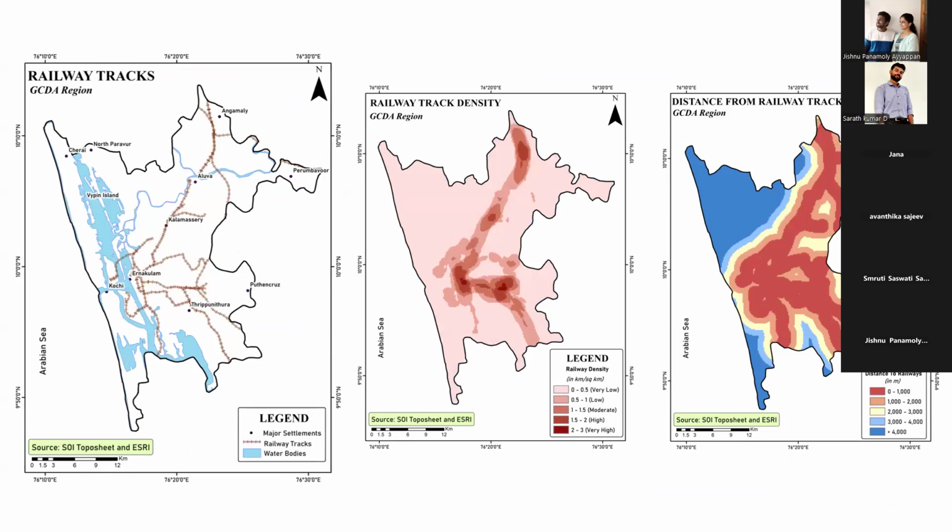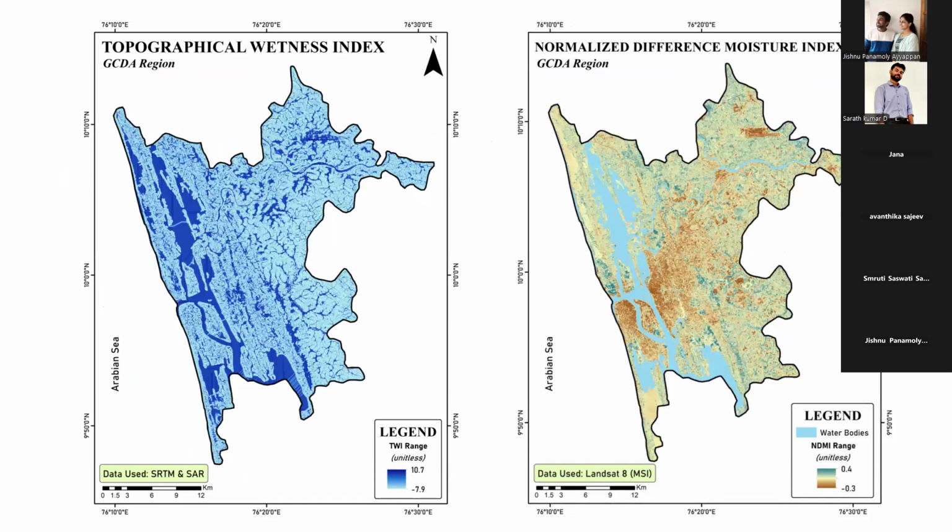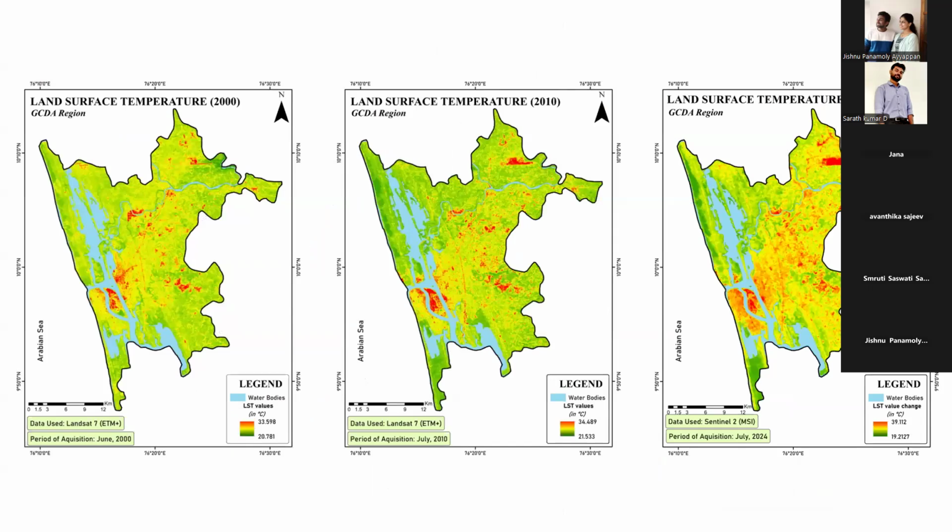Here is the topographical wetness index, which is unitless, and I have the normalized difference moisture index (NDMI), which is also unitless. I've done land surface temperature for the years 2000, 2010, and 2024. 2000 is done using Landsat 7 ETM+, 2010 is also the same data, and for 2024, I've used the Sentinel-2 multispectral imager.